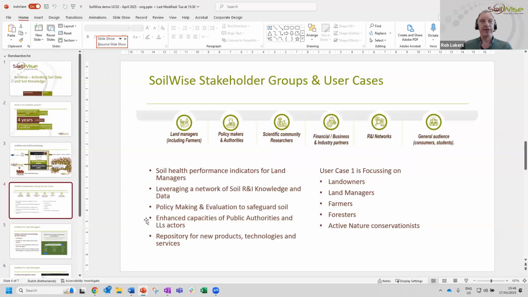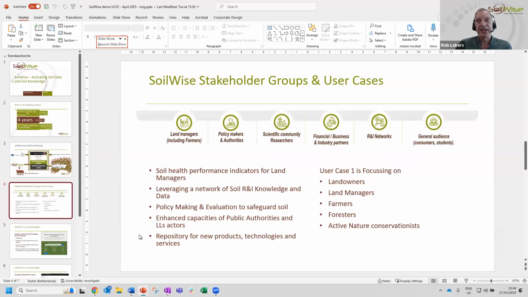A little bit of a view on those different stakeholder groups: land managers, of course, are one of them. We also look at policymakers as a specific group, researchers, business, and specific research and innovation networks. And then we have what we call the general audience, the rest of the world interested in soil and soil health.